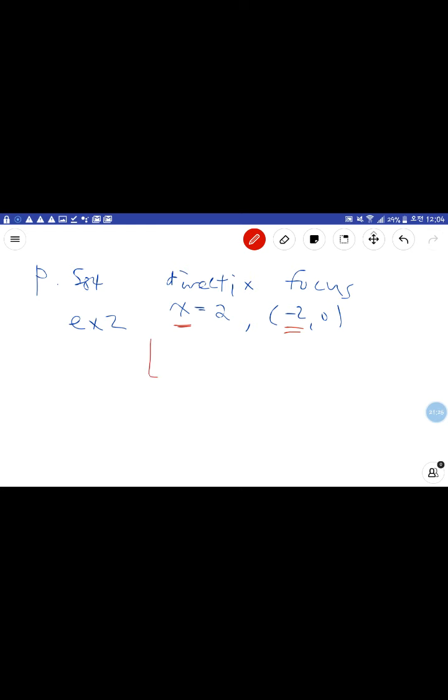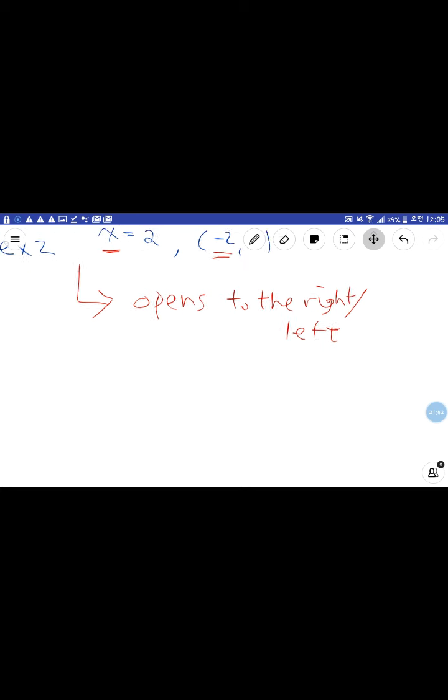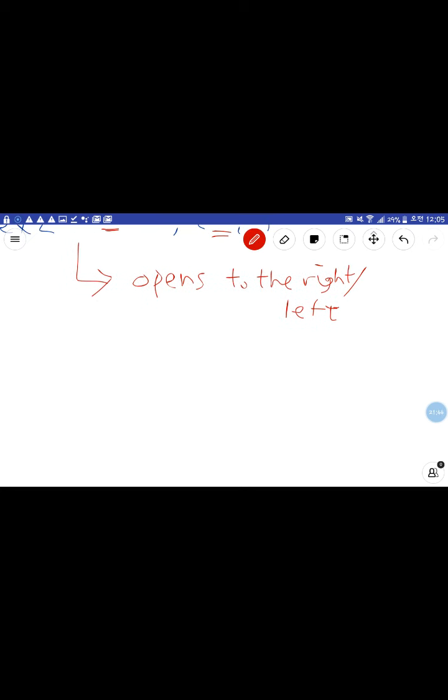From here, I can think that my parabola opens to the right or left. Then what's the standard form for opening left or right? y squared equals 4px. That is the standard form you have to find out.